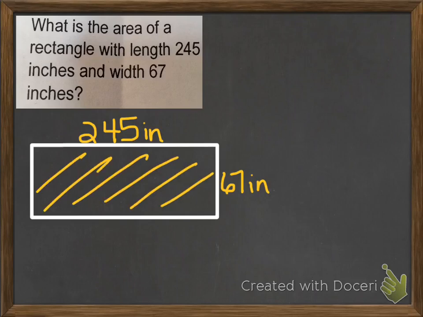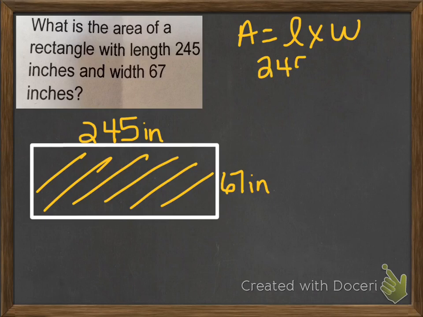Again, the formula for area is length times width. So here I have 245 times 67 will give me the area.